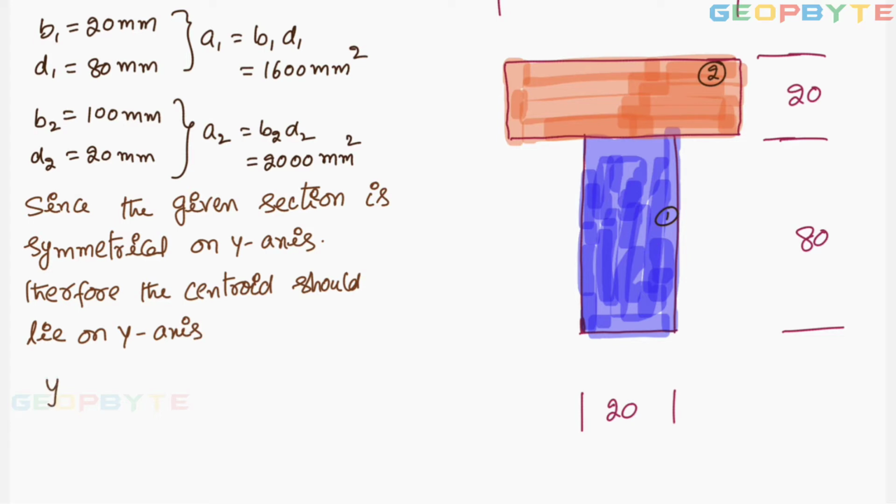Therefore x bar need not be found, because your centroid is lying on the y axis only, because it is symmetrical about y axis.